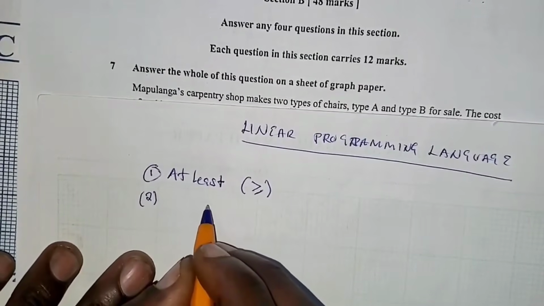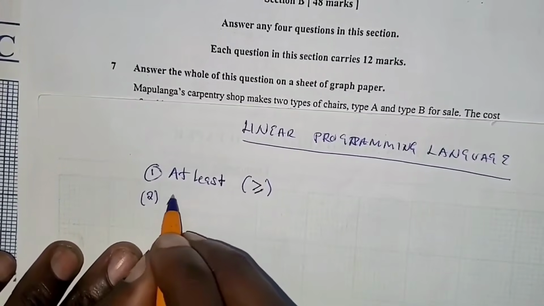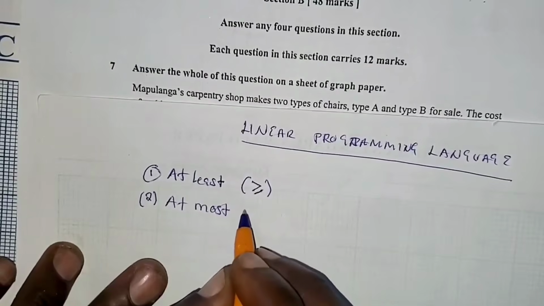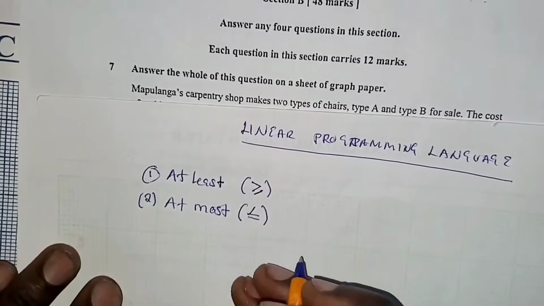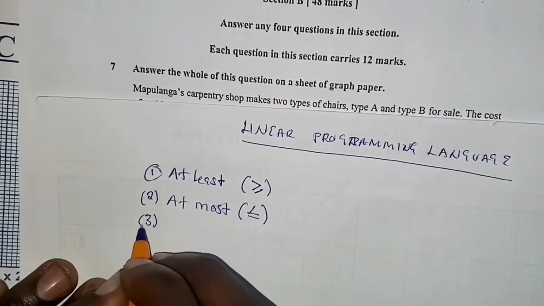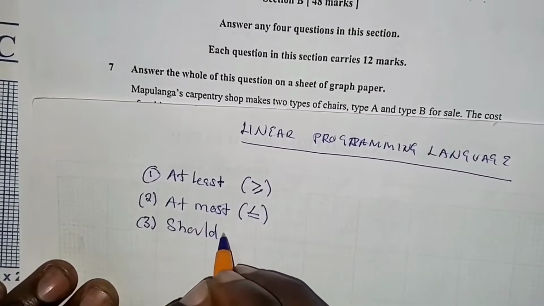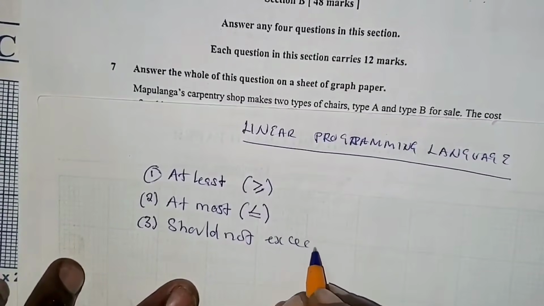Now, this is the symbol for greater than or equal to. Then you have at most. At most is less than or equal to. Then number 3, should not exceed.